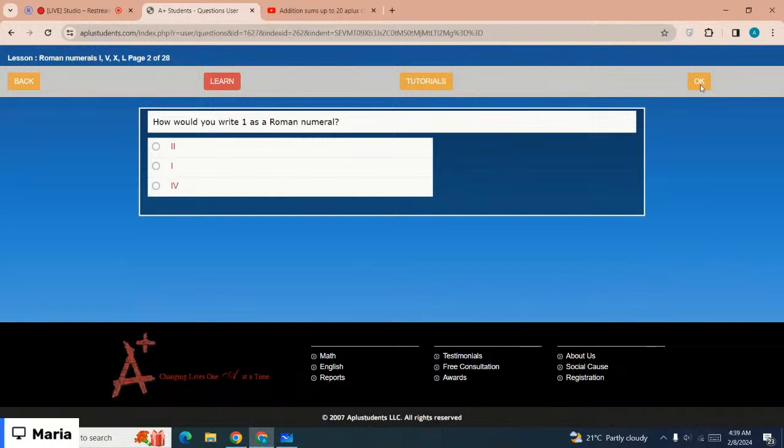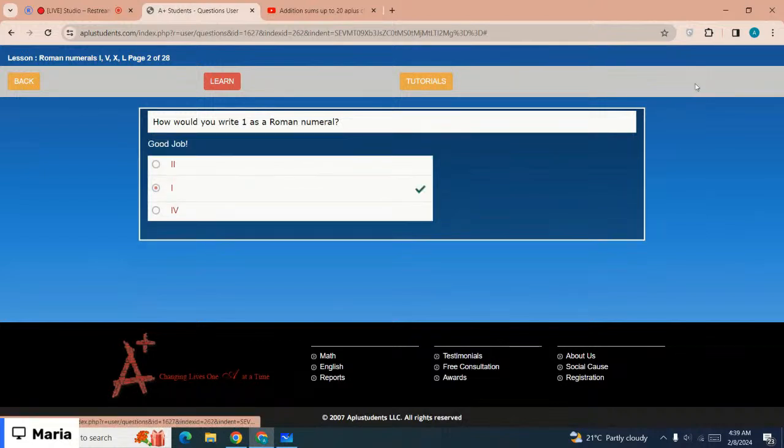So which is the correct option? That is the second option, right? Like this you can write 1.